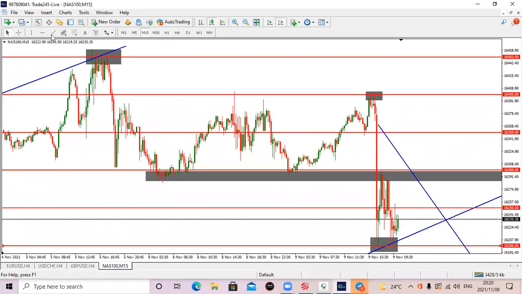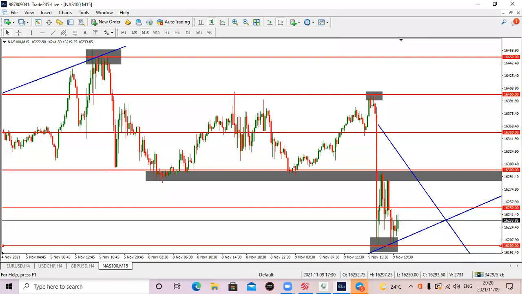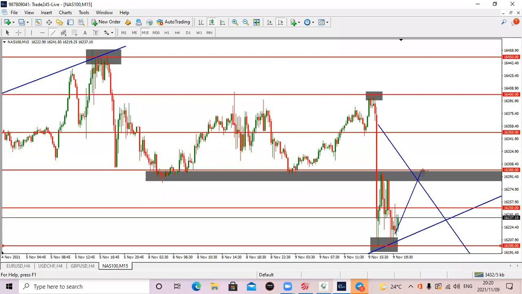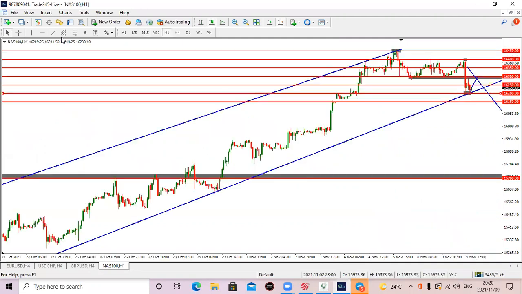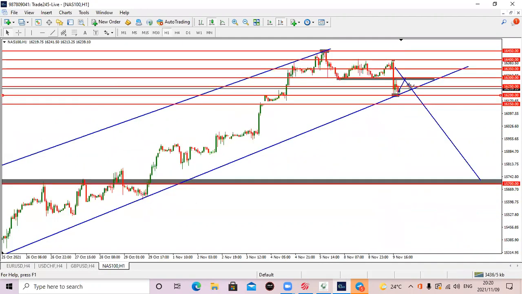So if we don't break above 163, the market will likely come back up here, and then after that, let's go to 1 hour, what's going to happen? If it's not going to break, it's going to respect that, and it means we might expect the market to drop all the way down. I hope I'm making sense.